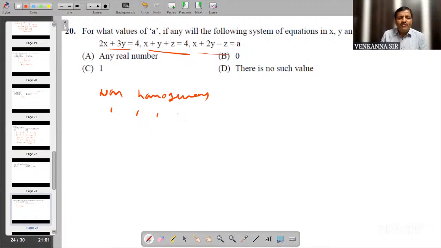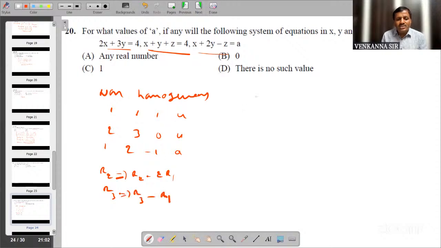1, 1, 1, 4. This I am selecting as first, and for our convenience, 2, 3, 0, 4. 1, 2, minus 1, A. Any arbitrary constant is there, keep it as the last row. What operation is required? R2 implies R2 minus 2R1. R3 implies R3 minus R1.